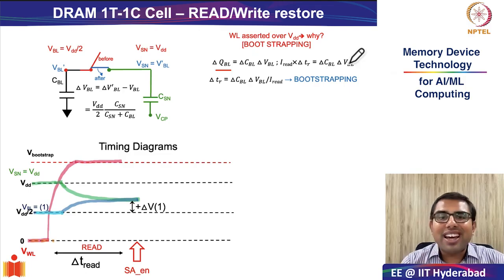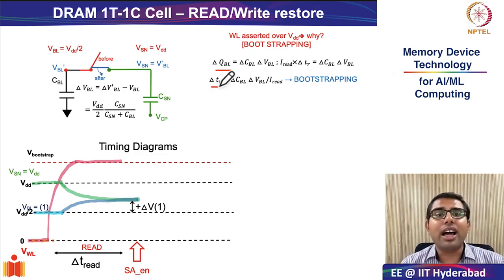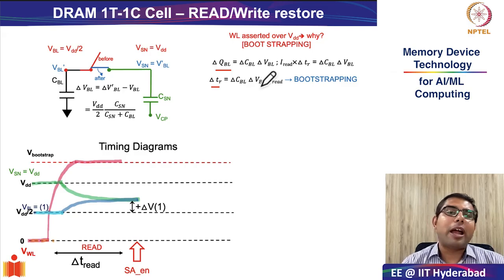So if I rearrange the terms, delta T, or the read time, or the read duration, or the read latency, will be nothing but CBL multiplied by delta VBL divided by I read. Now I would like to ask you the question: in case we always want the read process to be faster, CBL is constant, delta VBL as we have designed will also be constant because CSN and CBL are constant, VDD is constant.